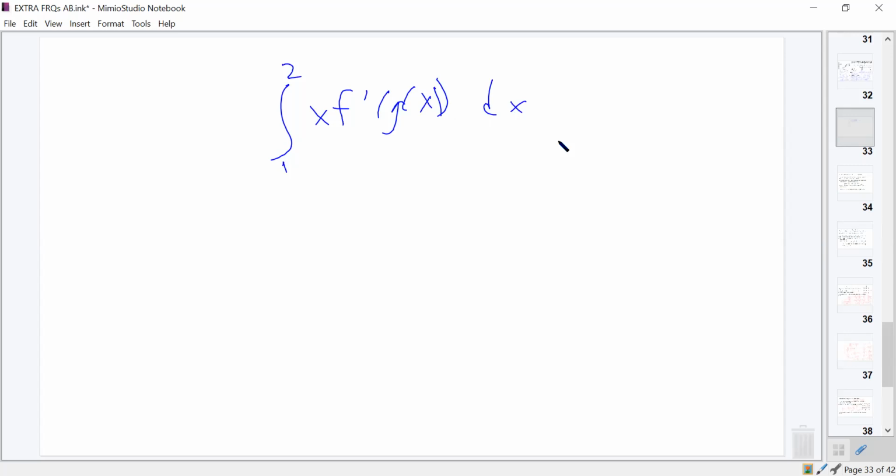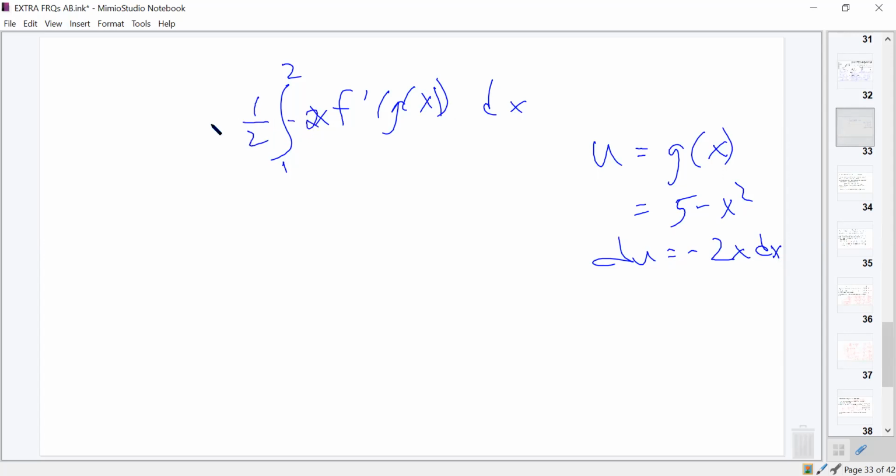Since there's a g composed inside the f prime, I would let u equal g of x, which is 5 minus x squared. And that would tell me that du is negative 2x dx. So I'd put in a negative 2, and I'd put in a negative 1/2.